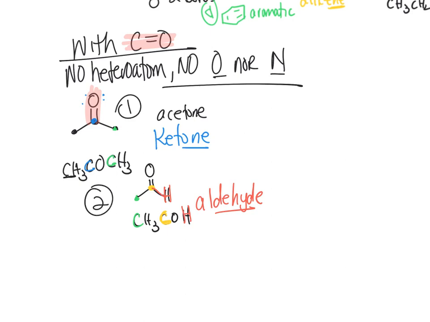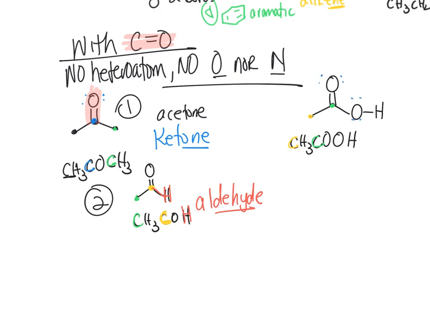Now, if you do have a heteroatom, we saw something like this, and this is CH3, COOH. You have lone pairs on this oxygen, lone pairs on this oxygen.